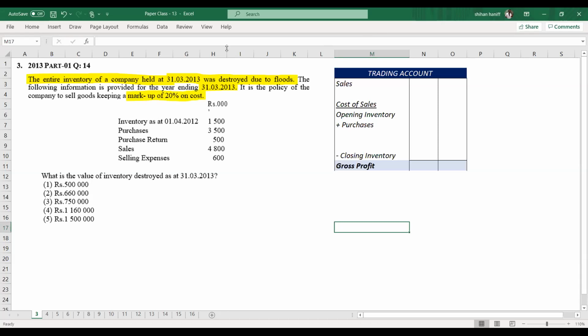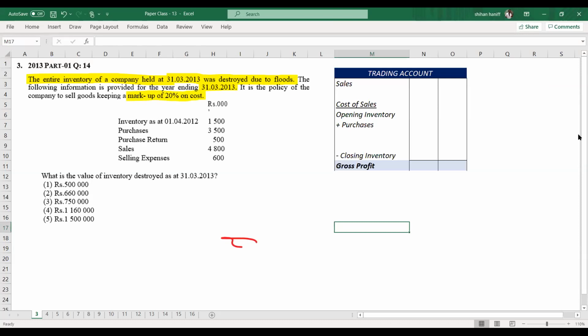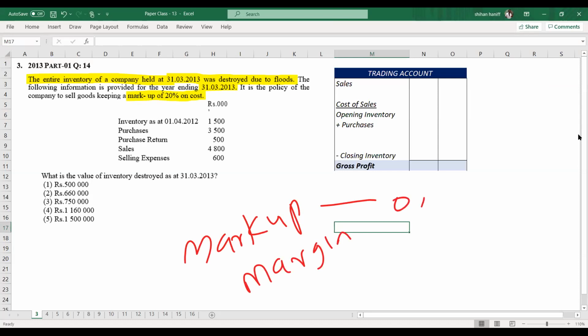So you have to clearly understand an important thing related to markup and margin. Markup means it's on cost. Cost is 100, and on cost we calculate the profit.